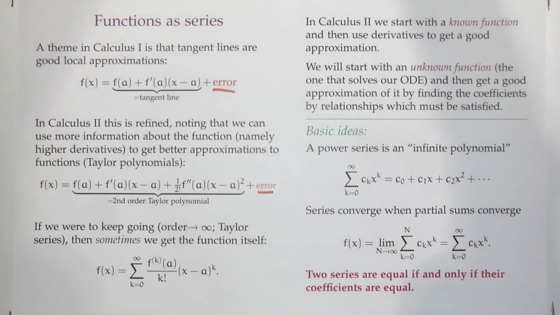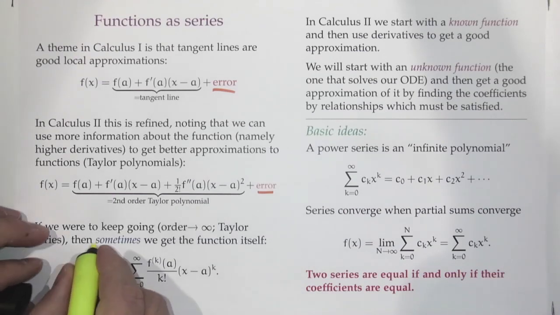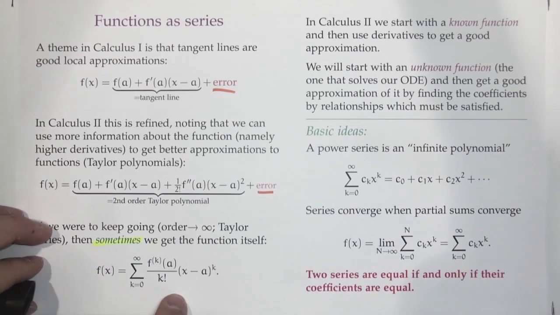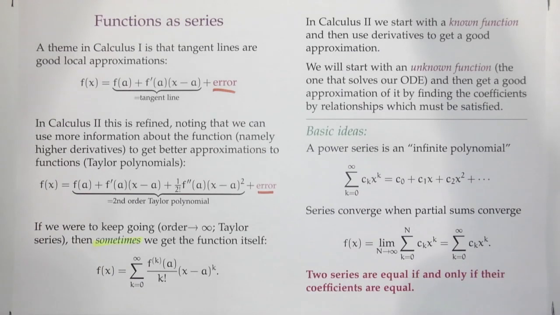It just says you keep adding more and more terms, more and more information about local behavior from the derivative. And instead of dealing with what we call Taylor polynomials, you get what are called Taylor series. And we get that sometimes, not all the time, but sometimes, the function is indeed this big infinite polynomial.